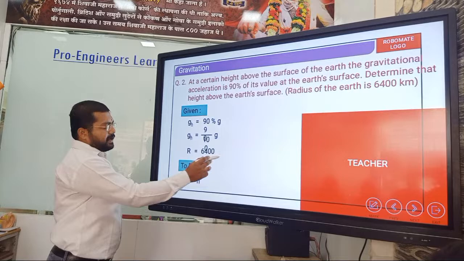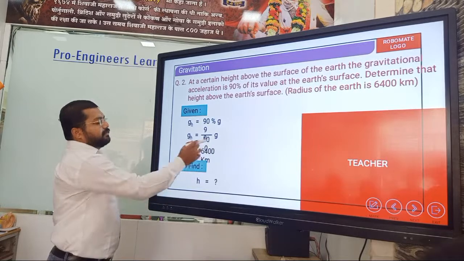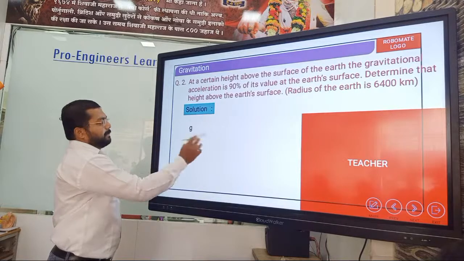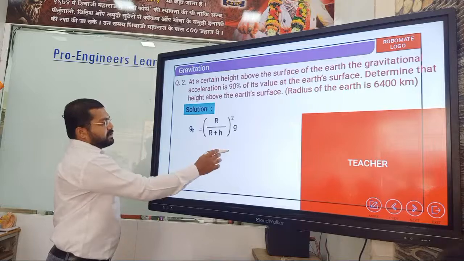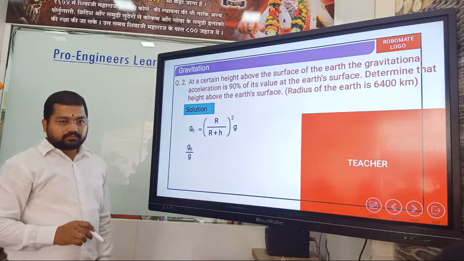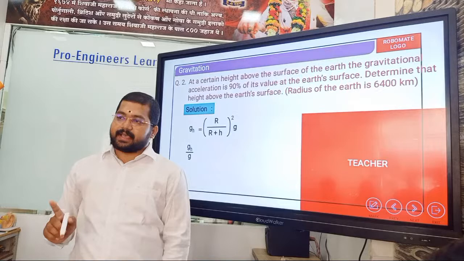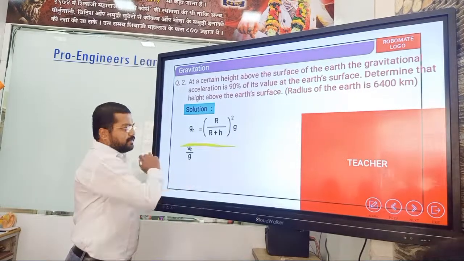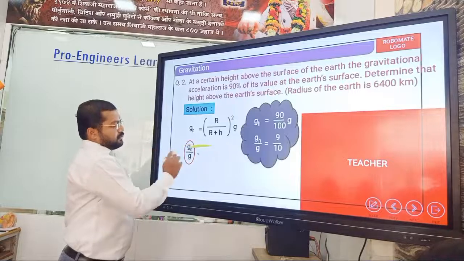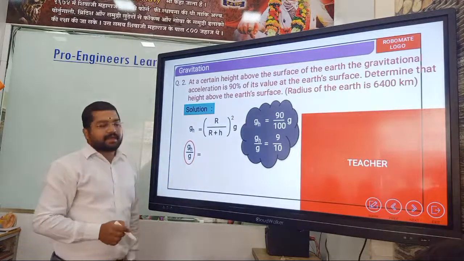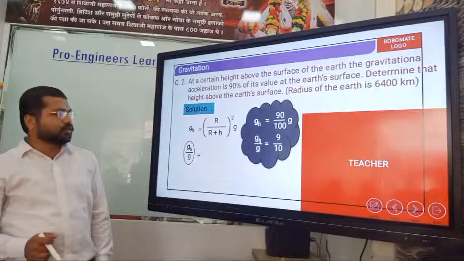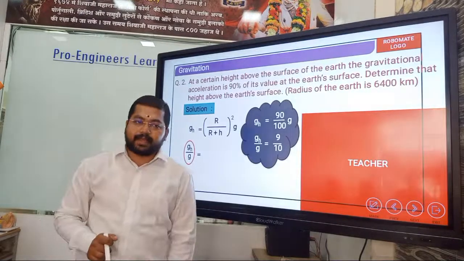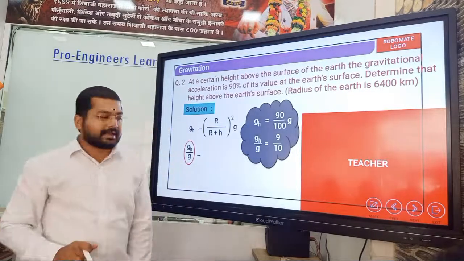To find h we'll use the formula gh is equal to R upon R plus h the whole square into g, the same formula which we have used. So here is the relation, 90 by 100 g, so gh upon g is 9 by 10, 0 got cancelled.